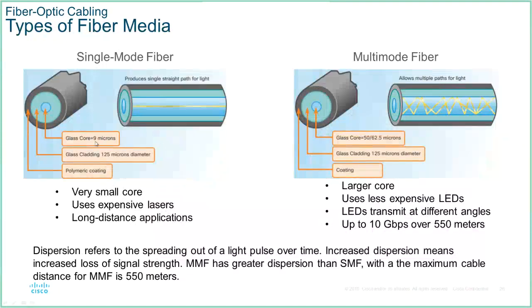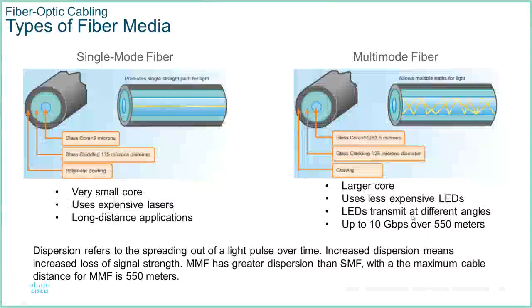So you've got 9 microns to basically 50 to 60 microns in multi-mode, so 5 to 6 times as large. What this allows us to do in multi-mode is to inject more sources of light, so we can have multiple colors, if you like, bouncing down a multi-mode fiber, allowing us to inject more data.